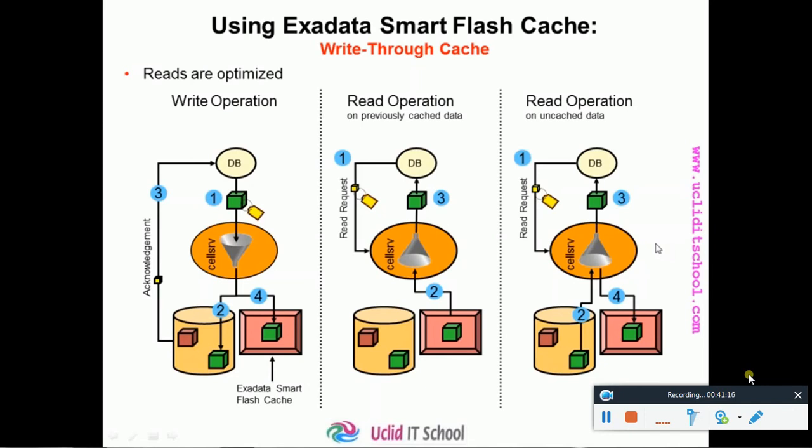See, both are physical IOs, but the flash is much faster compared to hard disk, right? So the IO performance is much faster on flash. That way, your IO performance will be improved.